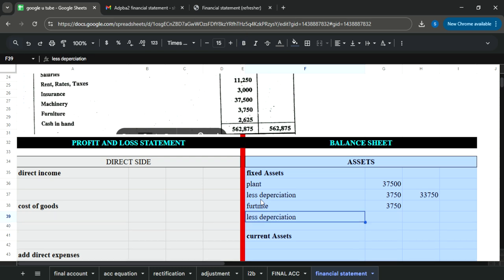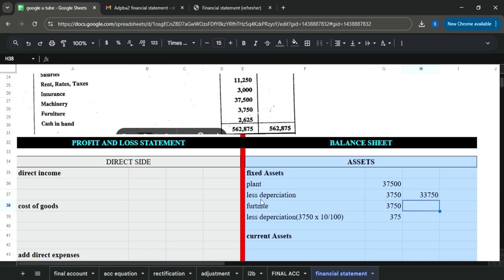The rate of depreciation is the same, 10%. So 3750 was the amount, you will multiply it by 10 and divide by 100. So how did you calculate depreciation? 3750 multiplied by 10 divided by 100. So depreciation is also calculated.